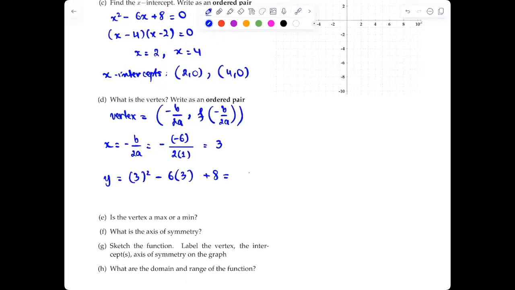So I have positive 9 minus 18 plus 8, which should be negative 1. So the vertex is (3, negative 1).